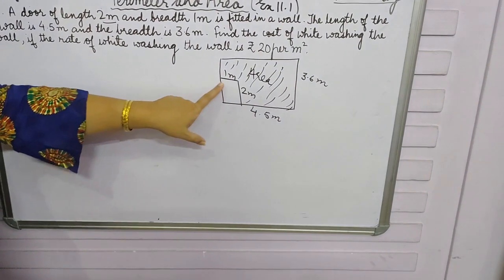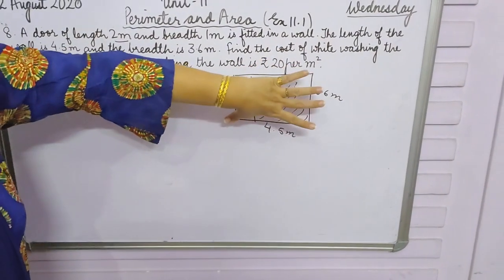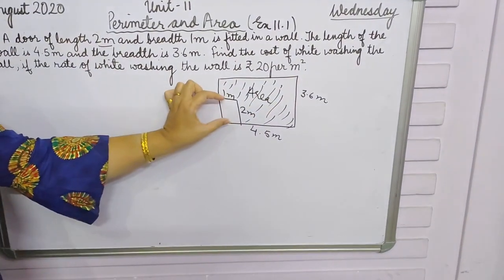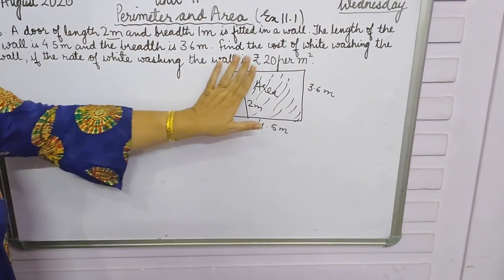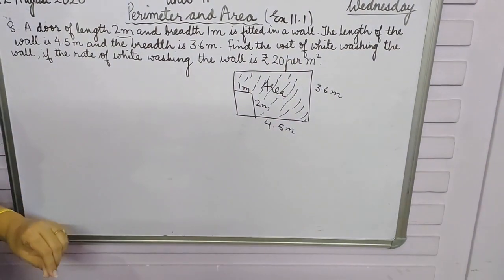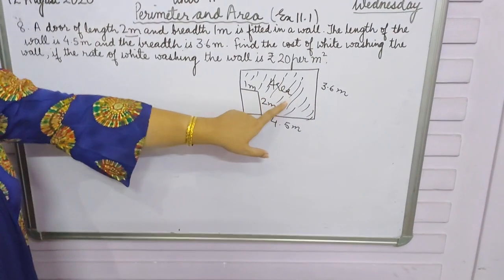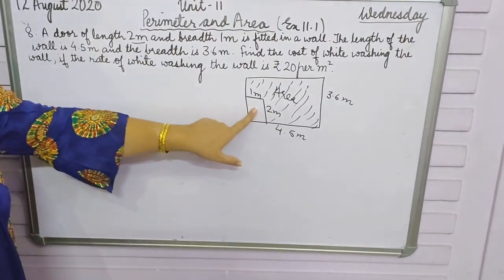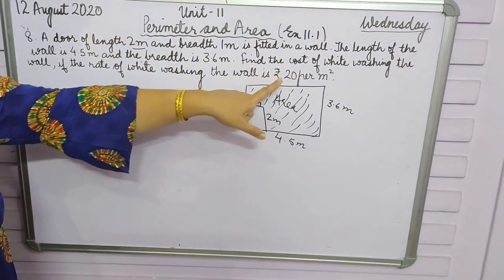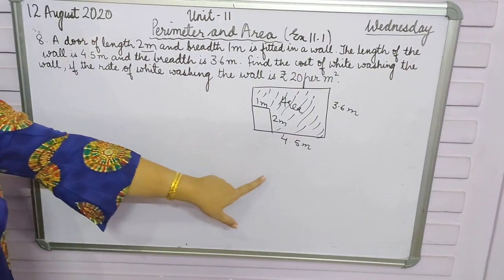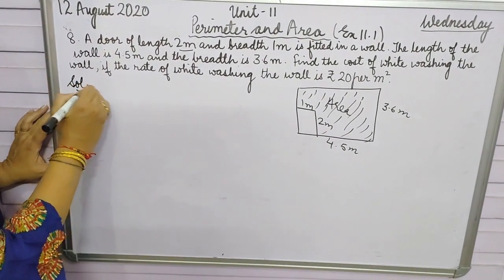But the whitewashing is not to be done on the door. That means from this whole area, we are to subtract the area of this door so that the remaining area can be whitewashed. So first we will find out the remaining area of the wall except for the door, and then we will multiply that area with the cost which is given per meter square to get the actual cost of whitewashing. So let us start the solution now.